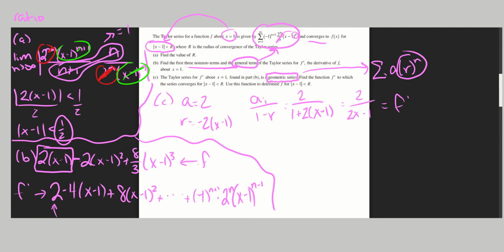So if this is f prime, to find f, we are going to integrate that. Okay, so the issue is going to be we need an initial condition because when we integrate this, we're going to have a plus c at the end. So the only thing we know for sure is that this thing is centered at 1.